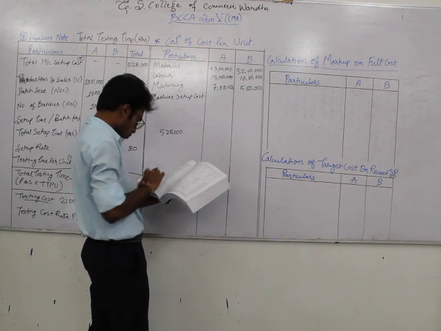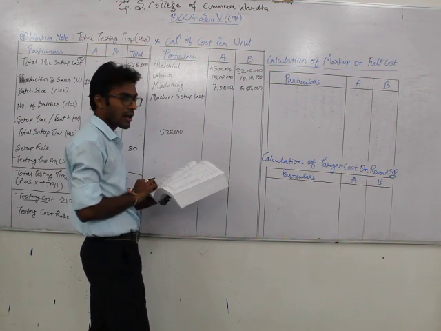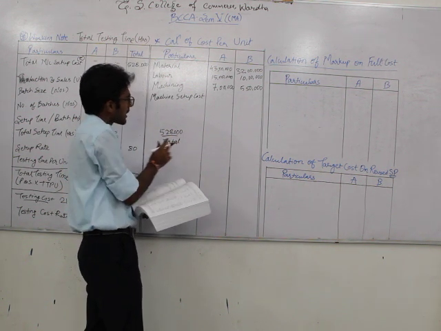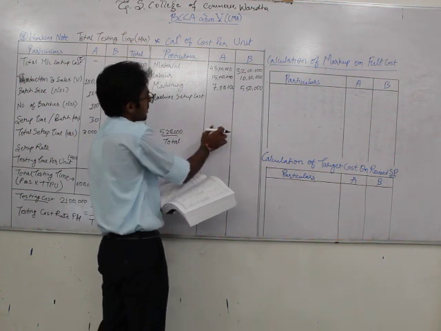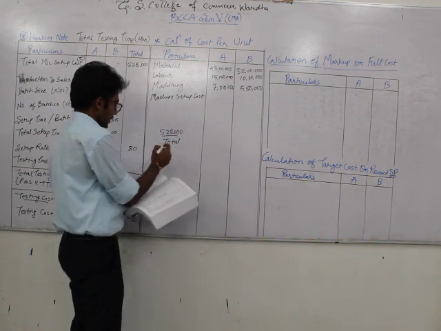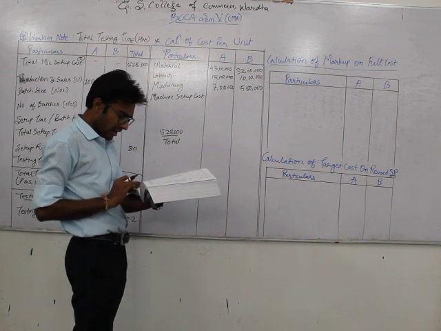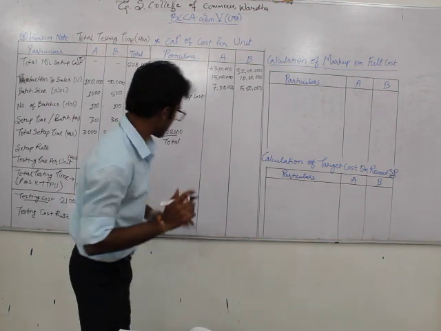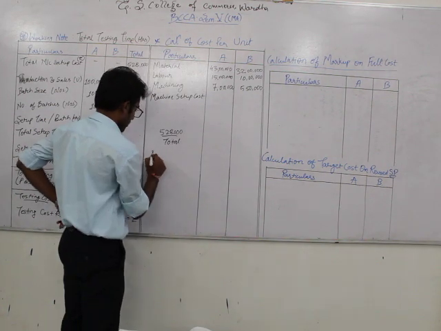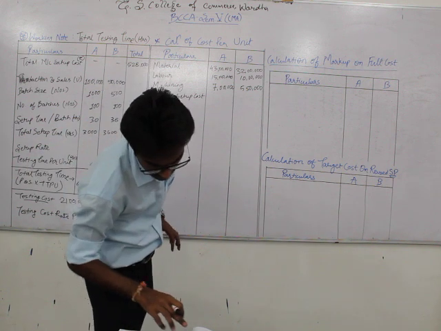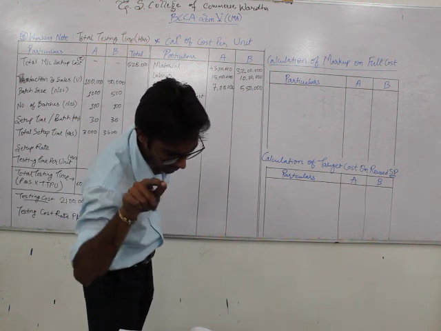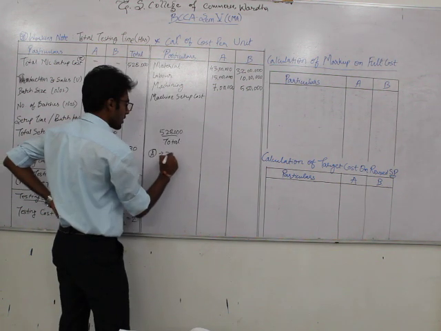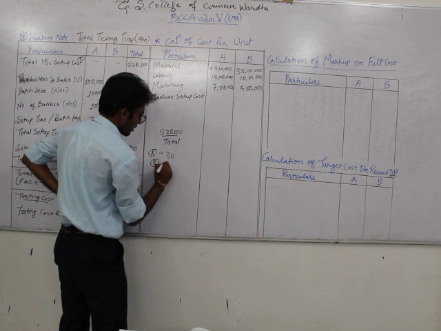This is your total, but how can we divide this cost into A and B? We will divide it on the basis of setup time per batch. You can refer to the last column. So setup time for A is 30 and for B is 36.